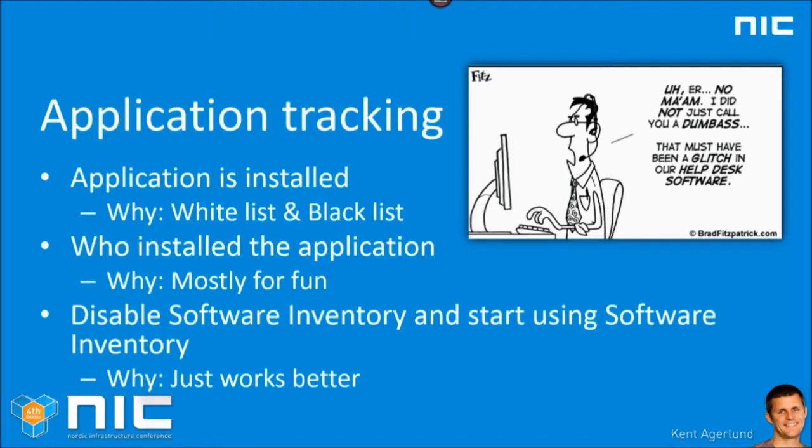And then I wrote disable software inventory and start using software inventory. And that's not because I was drunk when I wrote that. What I mean is, why are we running software inventory? Well, we want to get file versions.